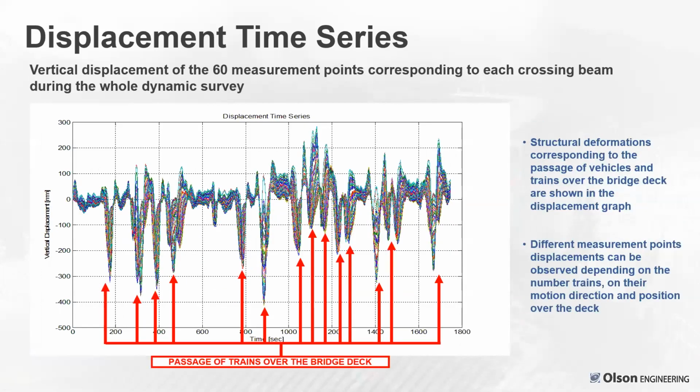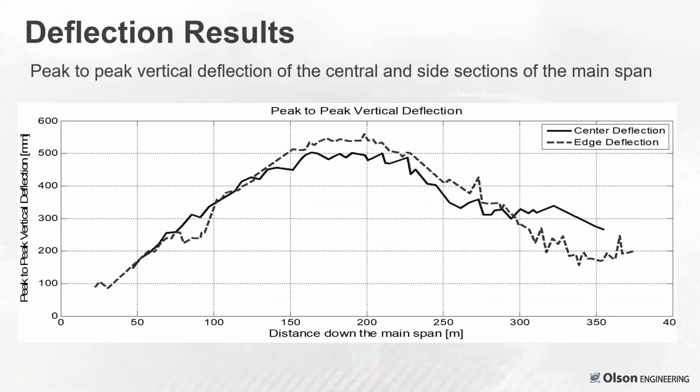So this is the plot that I think starts to give you an appreciation of the power of the system, because we're seeing 60 measurement points, meaning 60 beam responses are all overlaid on each other in this plot of, again, a half-hour of data. So it's a lot of data. You can discretize it and look at specific points along the way and end up plotting the bridge deflections.